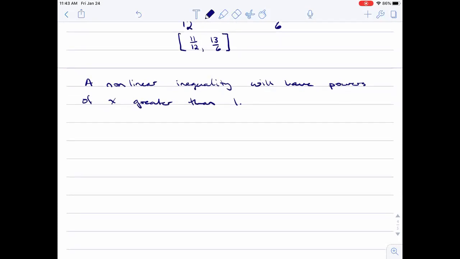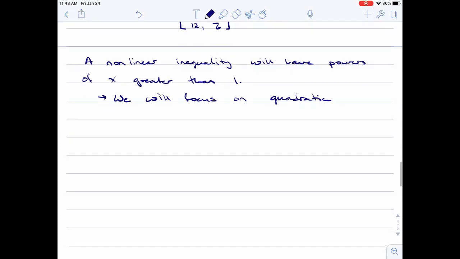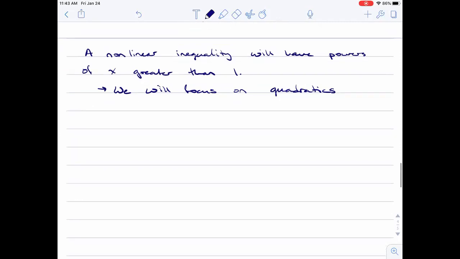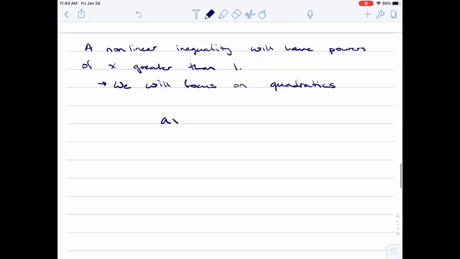And so we will focus on quadratics. ax squared plus bx plus c is a quadratic. Notice that I'm not saying less than or equal to or equal to or whatever, just leaving it open-ended.